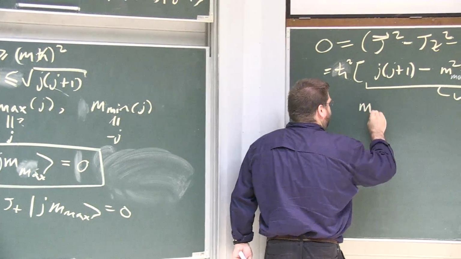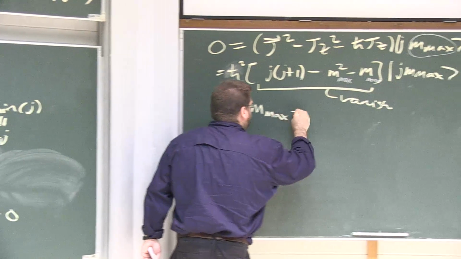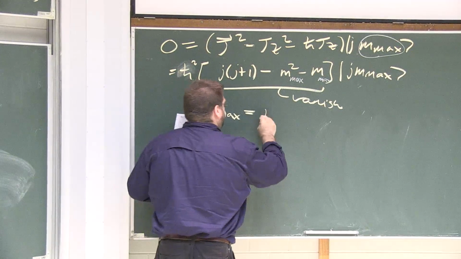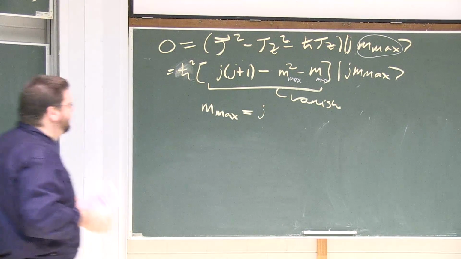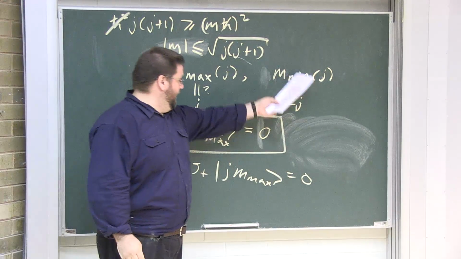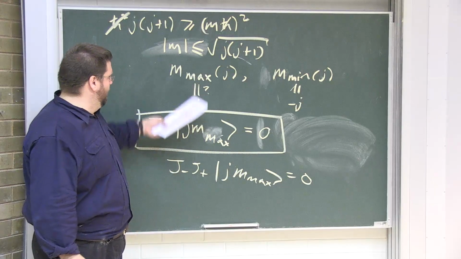And you'll get two values for m max. Choose the bigger value for m max, and what you'll find is that m max equals j, precisely what you wanted to prove here. So that's good. We've proven that m max equals j.